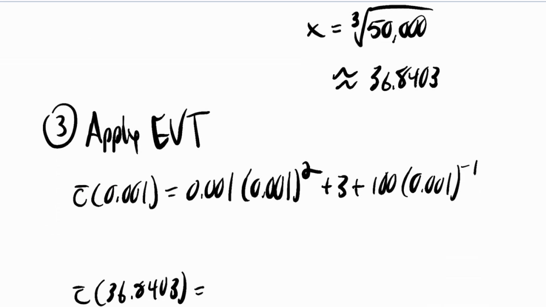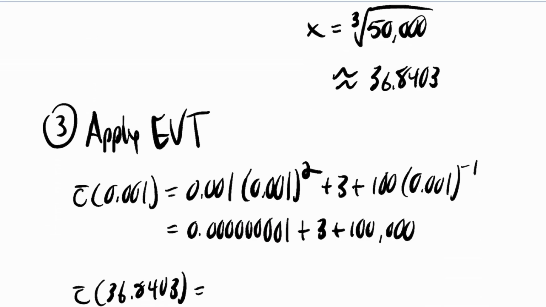Well, this is going to be 0. What will that be? 1, 2, 3, 4, 5, 6, 7, 8 0's and then a 1, plus 3. Plus, this will be 100,000, sorry, 100,000. So this is approximately 100,003. That decimal basically rounds down to nothing.